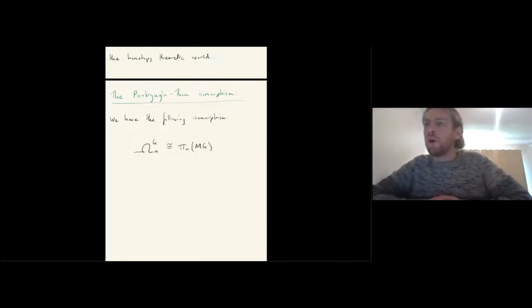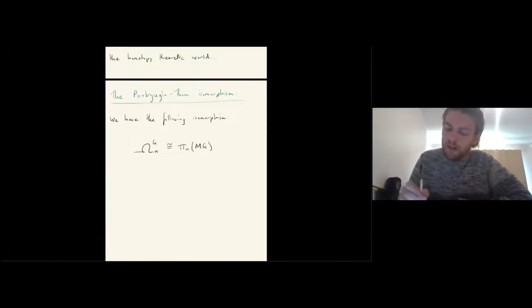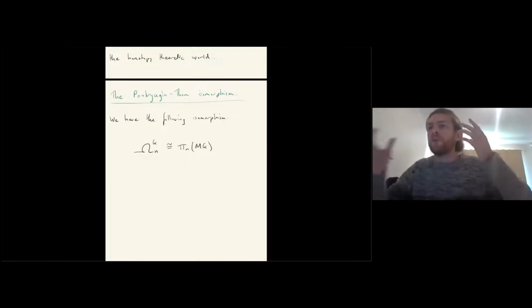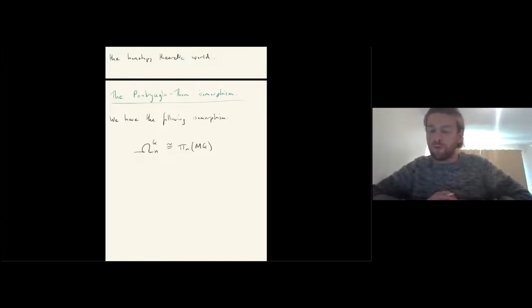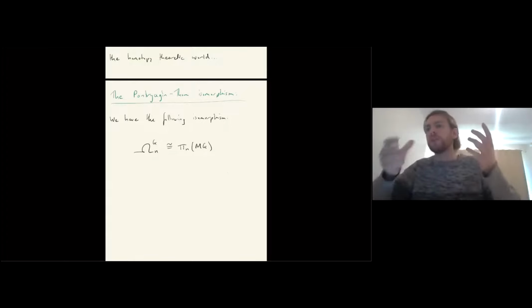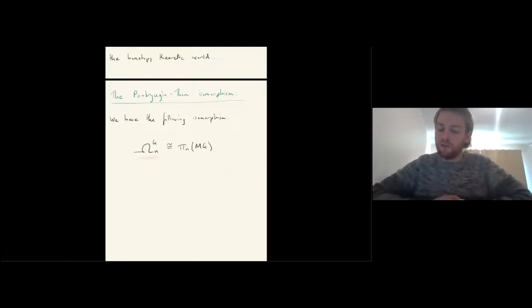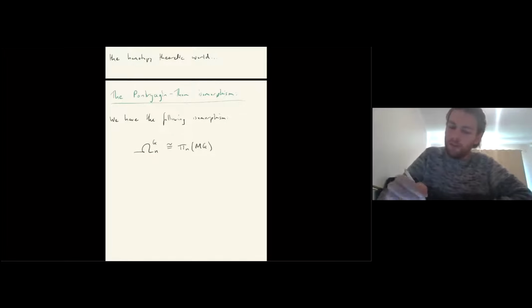So we get this Pontryagin-Thom isomorphism, which says that if you play this game where you have n-dimensional manifolds and you consider them up to bordism, and you have these G structures, and you do this whole thing, it gives you, I mean, this is a very geometrically defined thing.